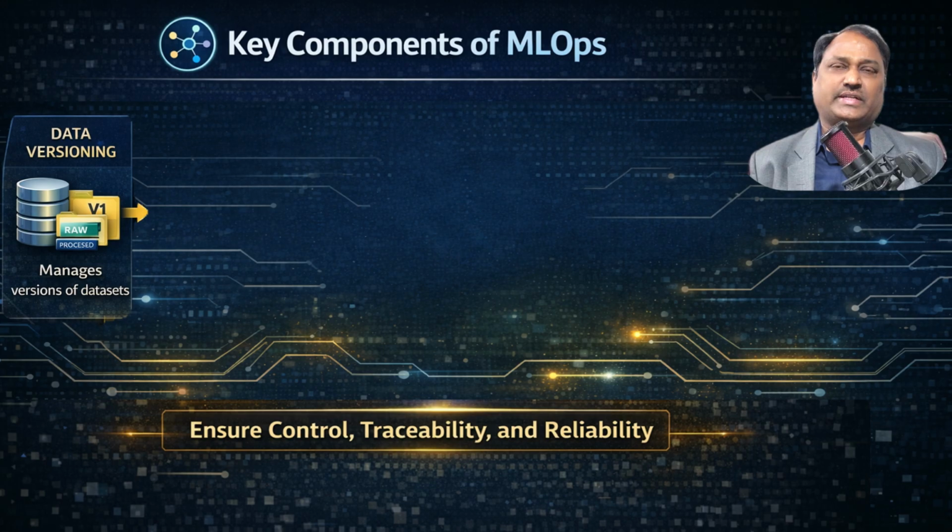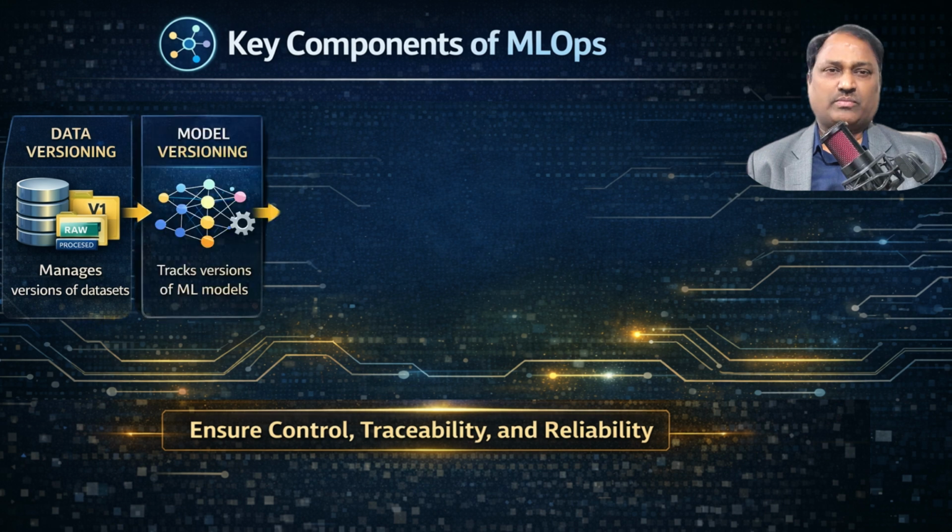Key components are data versioning, track dataset changes. Tools are Data Version Control, an open source tool used to version and manage datasets, models, and ML pipelines alongside code. Model versioning tracks model history. Tools are MLflow, an open source platform for tracking experiments, managing models, and streamlining the ML lifecycle.